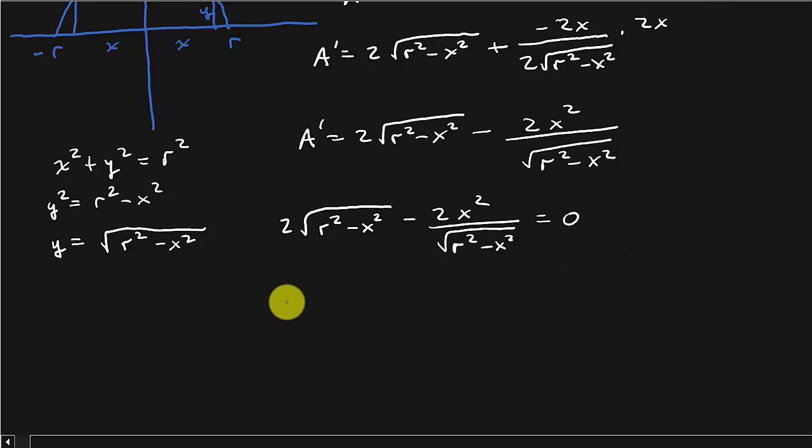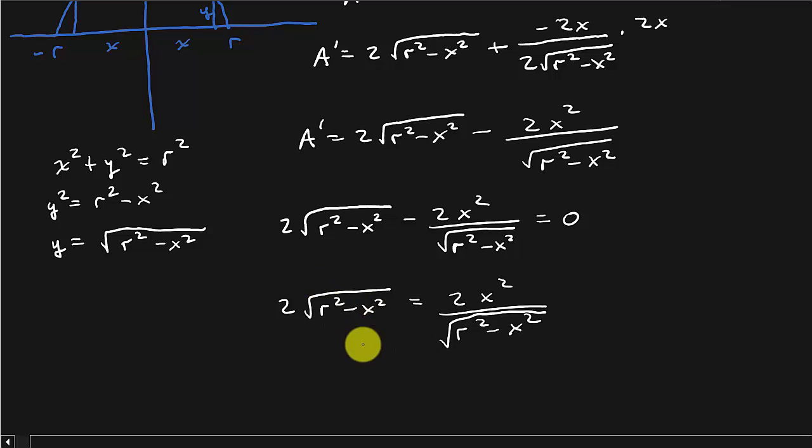So I'll just move this over. So that's going to be 2 square root of r squared minus x squared equals 2x squared over the square root of r squared minus x squared. And so then I can multiply. But look at this, I can cancel those 2's out. You see that?